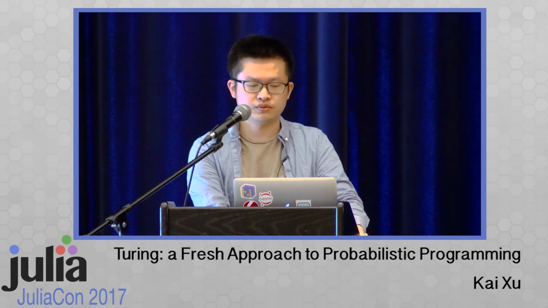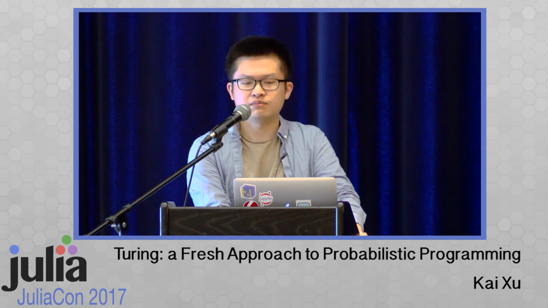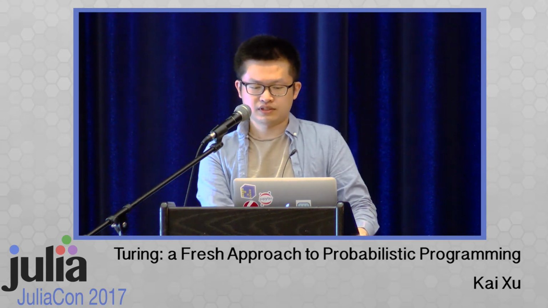And we recently released two new features, which are pretty cool. One of them is that Turing allows you to compose different samplers and run sampling with them at the same time in a Gibbs manner. I will show you an example soon.